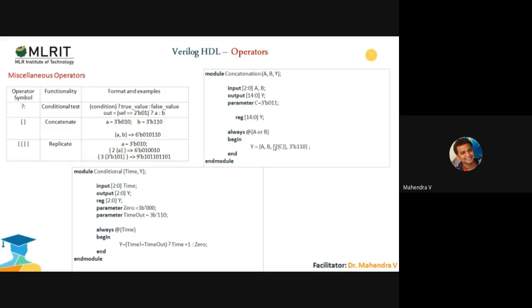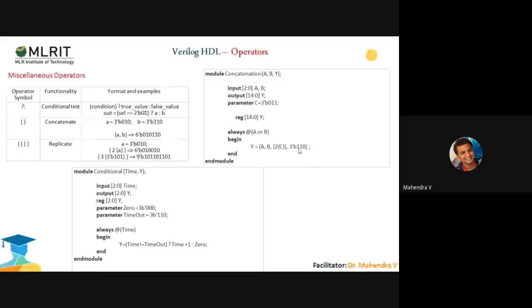This portion indicates the replication. This portion indicates the concatenation. And this complete portion is concatenation: concatenation of A, B, duplicate of C, then another extra operand.